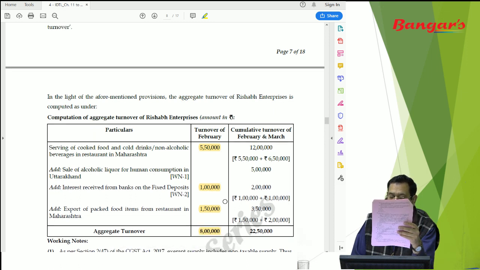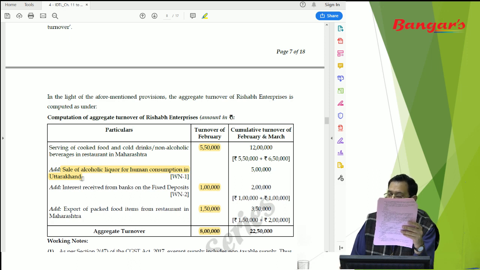Then the limit won't be reduced to 10 lakhs because in Uttarakhand they are only making supplies of alcoholic liquor for human consumption. So the limit won't be reduced to 10 lakhs because it is not leviable to GST. It's not a taxable supply here.